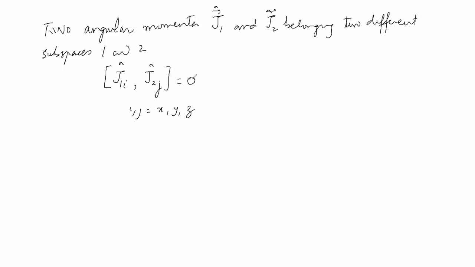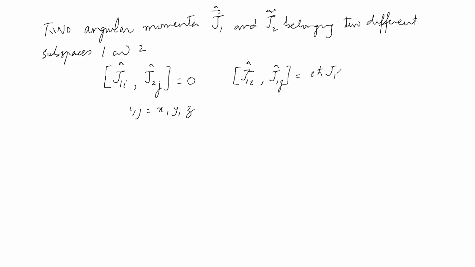When they commute, we are able to measure simultaneously J1 and J2, whether it is J1x, J2y, J1x, J2x, J1z, J2z, whatever it be, the angular momenta of the two particles.